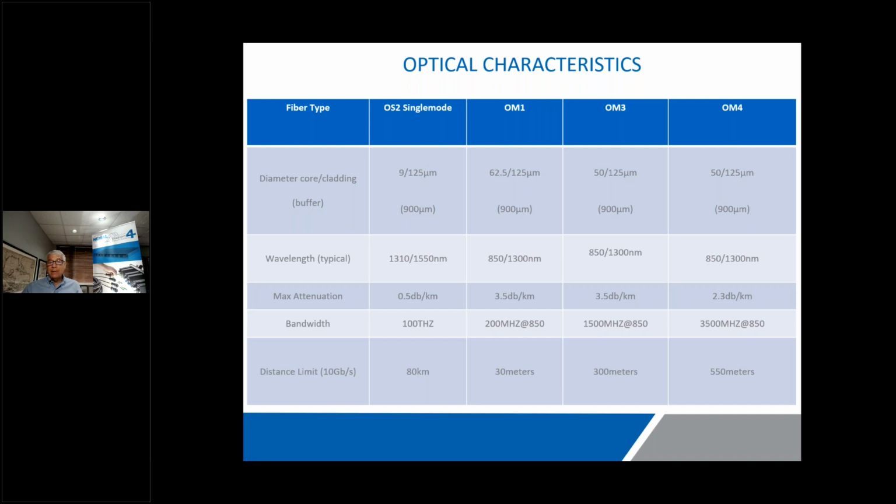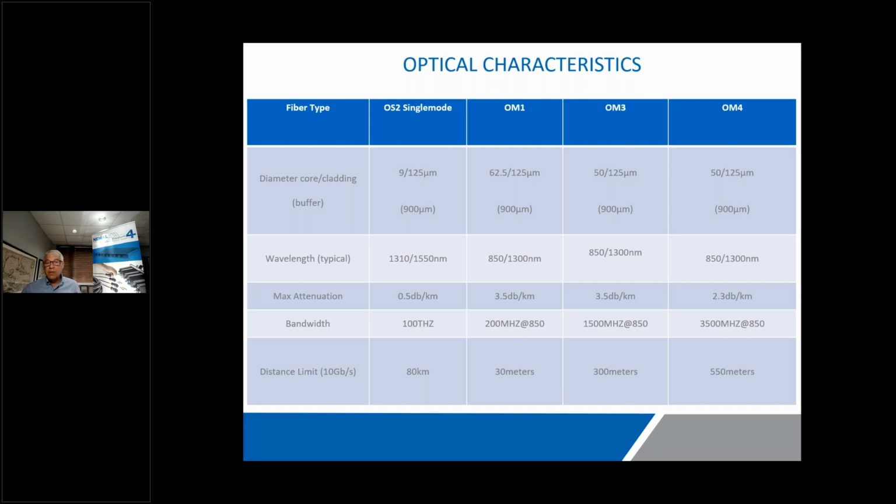So we mentioned that there was a 62.5 and a 50 micron core. However, within the 50 micron core, there are various levels of performance. We call these OM3, OM4, and there's even higher after that. So an OM4 is a direct replacement for an OM3. So it's not going to hurt you to put that in, but it's not for an OM1.